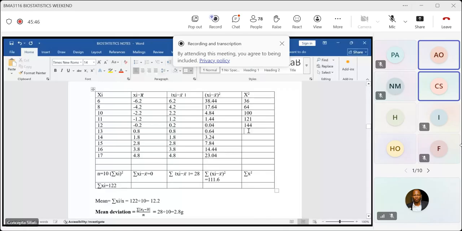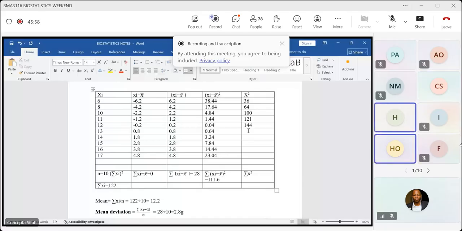13? We are not able to locate your cursor, please. I am at 13. 169. Then 196 for 14. For 15, 225.